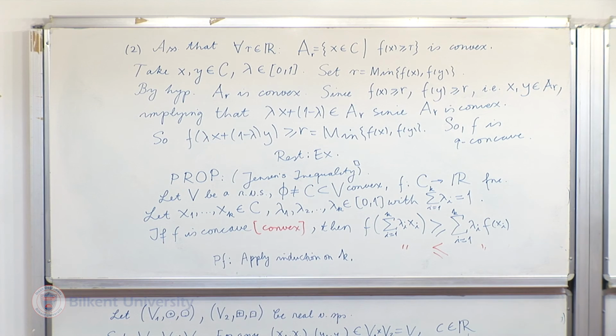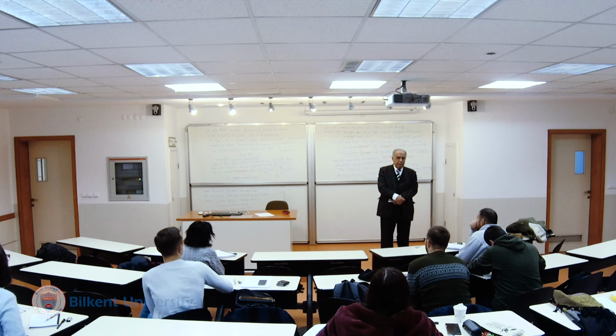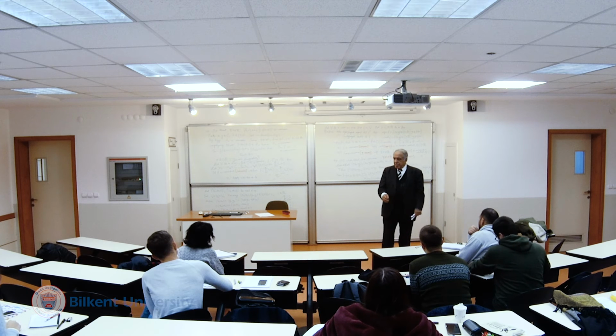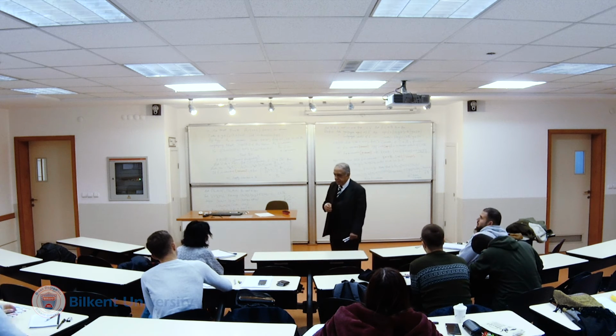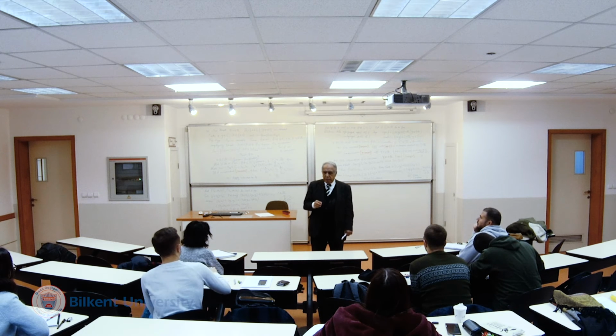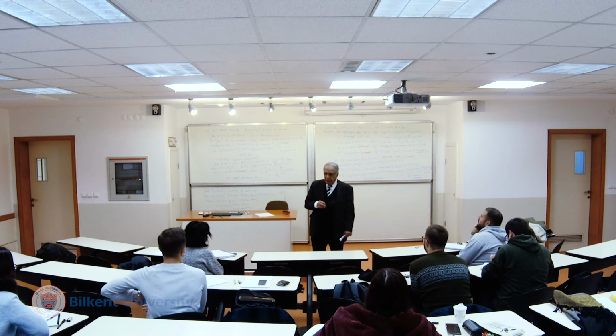Why did we start to consider concave and convex functions? What was concerning optimization problems? Well, to be more specific, let's consider maximization problems. How was the concavity of a function related to that?